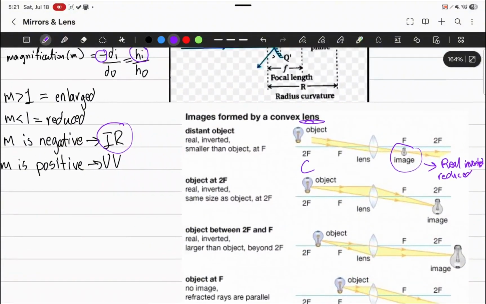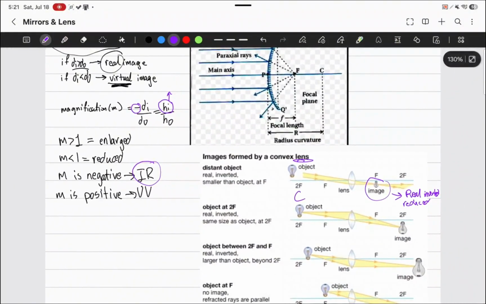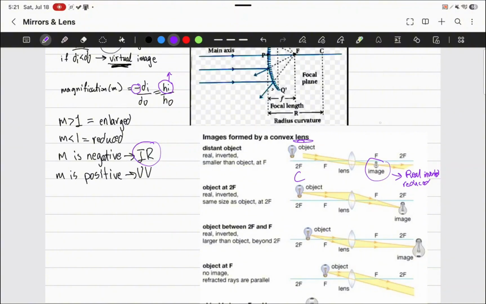The way you can think about this is di is smaller than do, which means that when you're writing the formula, a small number on the numerator and a larger number on the denominator means it's going to get a smaller number, which means it is reduced, following this formula.